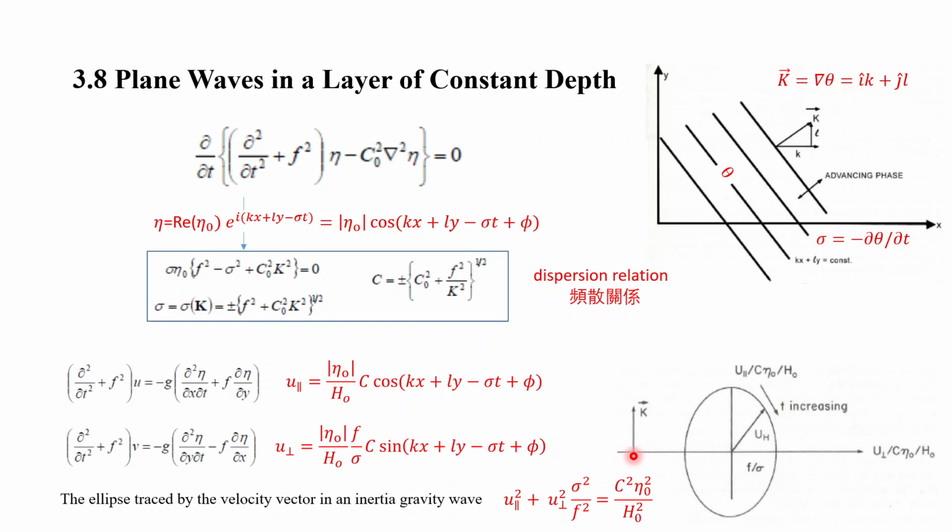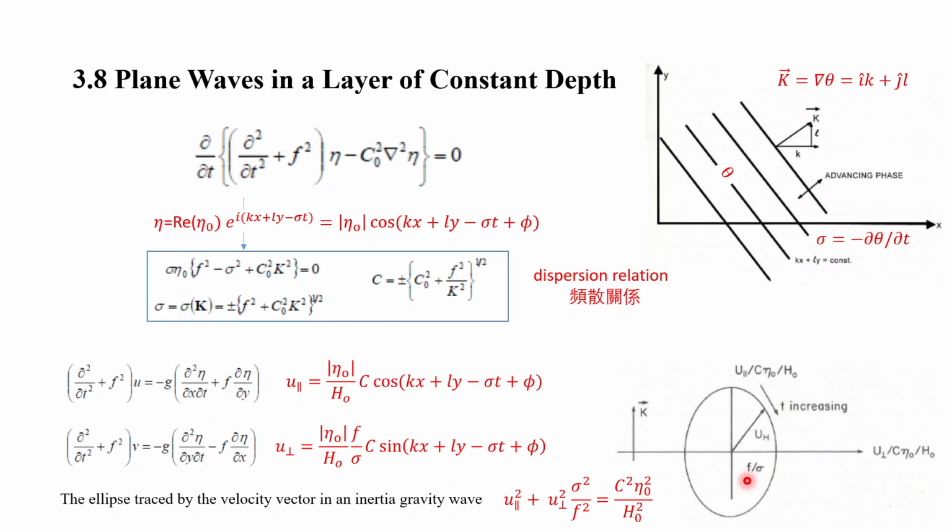If the horizontal axis is u perpendicular and the y-axis is u parallel, then because u parallel is defined parallel to the wave number k, this y coordinate axis also is the direction of the wave number k.